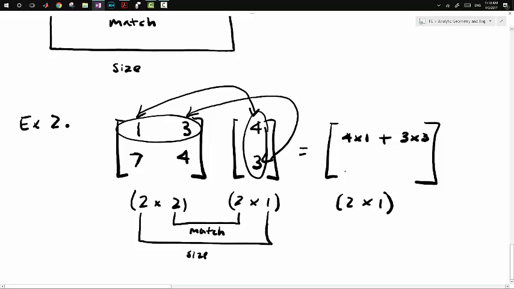The second element that goes here is going to be this row computed with that column of elements again. So it's going to be 4 times 7 plus 4 times 3.